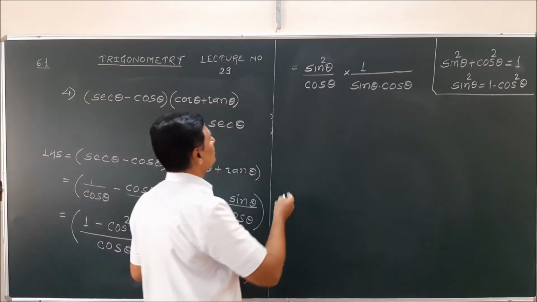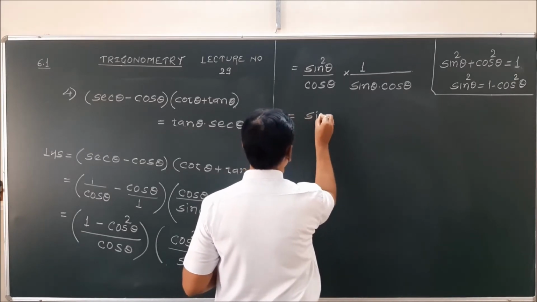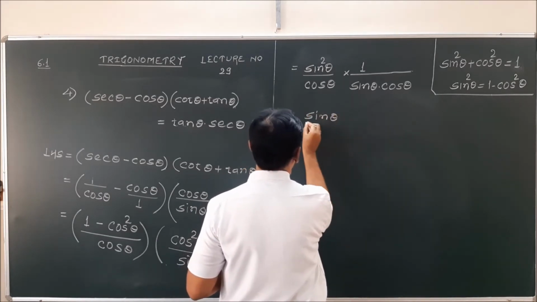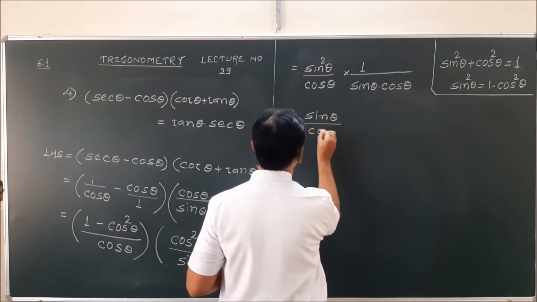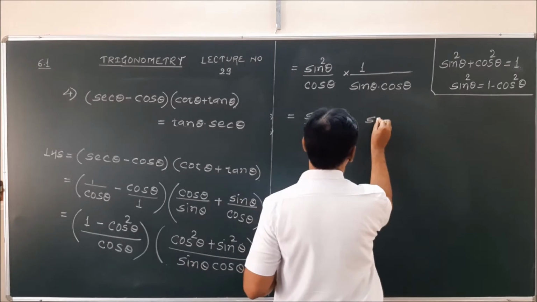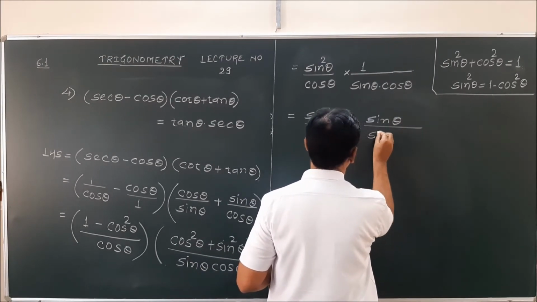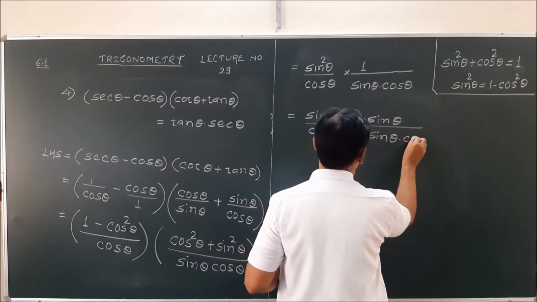Now please try to understand, I am going to split sin square theta as sin theta upon cos theta into sin theta upon sin theta into cos theta.